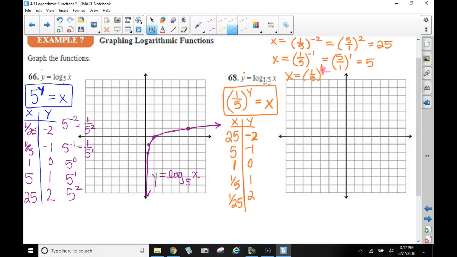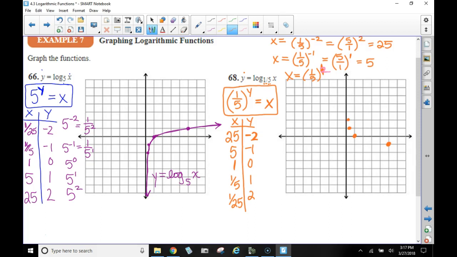Let's plot those points. X is 25, y is -2. Okay, that's totally not on my graph paper. But 5, -1 is on my graph paper. I like it. 1, 0, I like it. 1/5, +1, about there maybe. And 1/25, 0.04, 2.